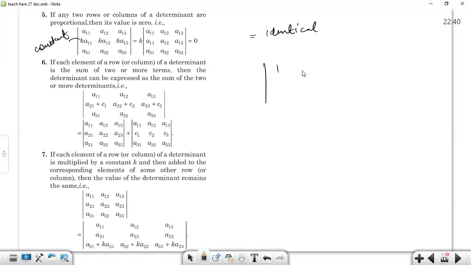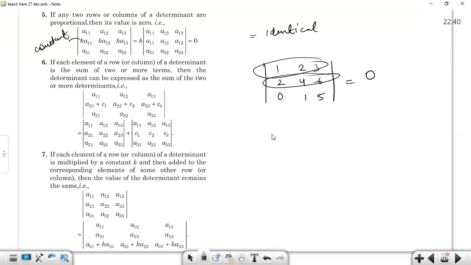Let's say, for example, the rows 1, 2, 3; 2, 4, 6; and 0, 1, 5. Then its value will be 0. Why? Because the first row and second row are proportional. Let me prove it to you: I can take 2 common from the second row.